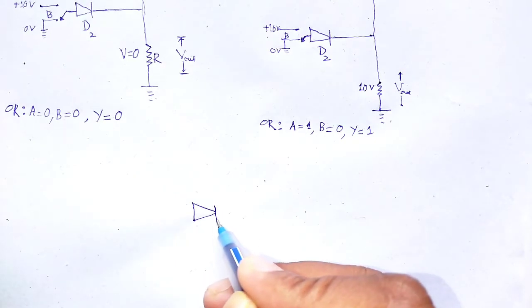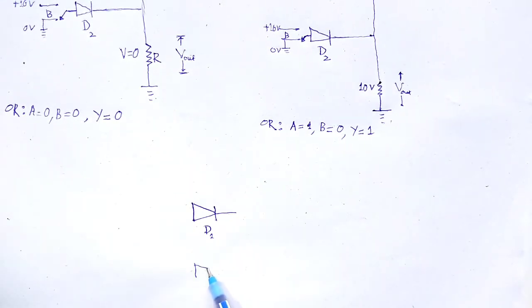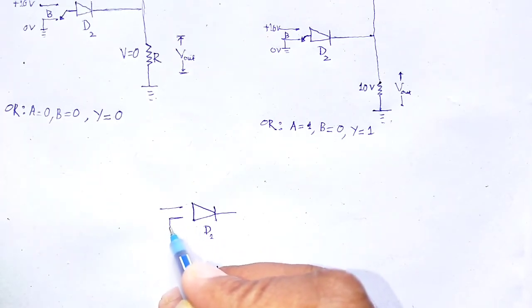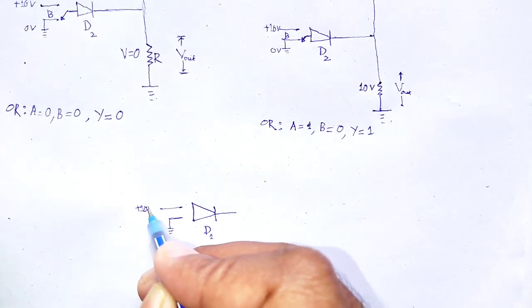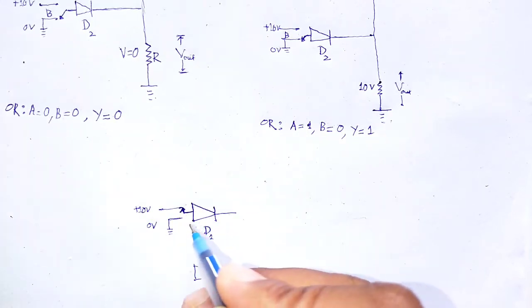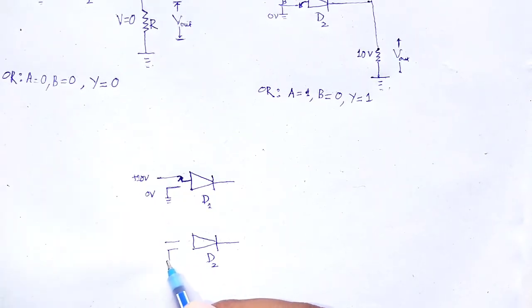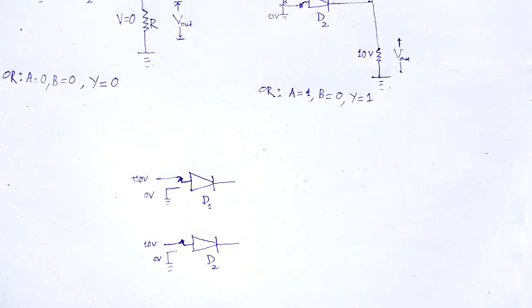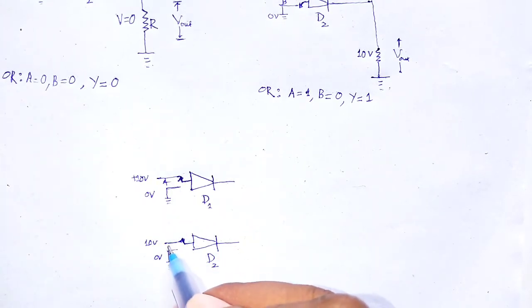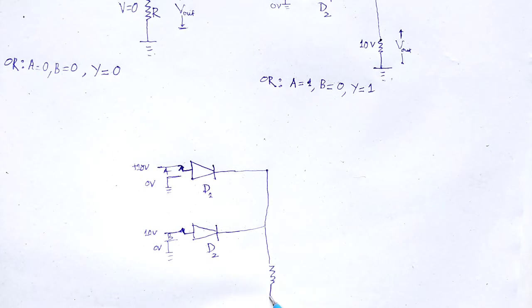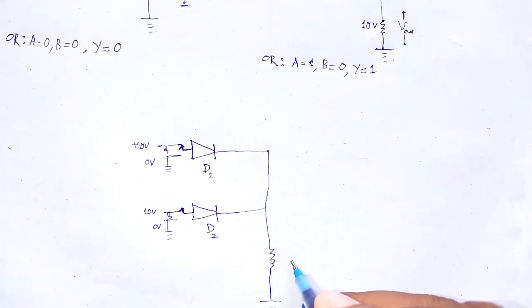Considering D1, D2, the potential across 10 volt, 0 volt, since it is the 1 situation, the arrowhead is towards 10 volt, at input A and input B. So, the output across resistor R, which is grounded, is V output.